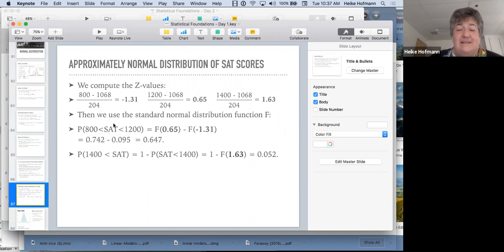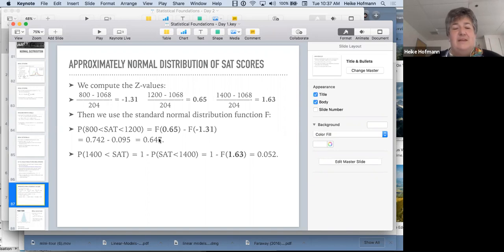So the probability that somebody in 2018 had a SAT score between 800 and 1200 is equal to this value minus this value, which turns out to be about 65%. So that's sort of in the middle.